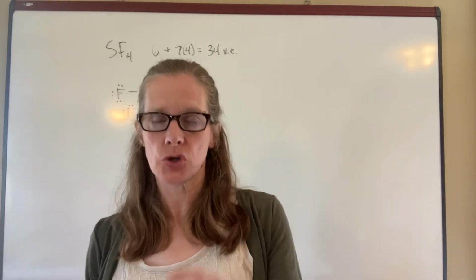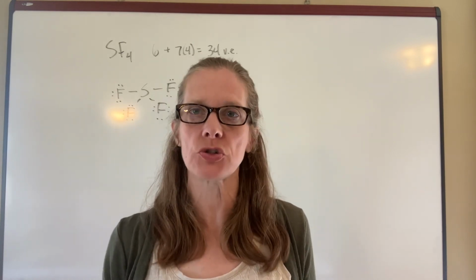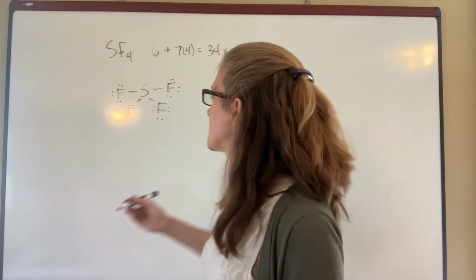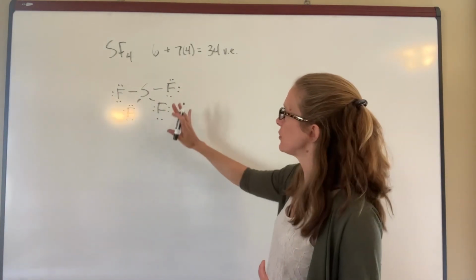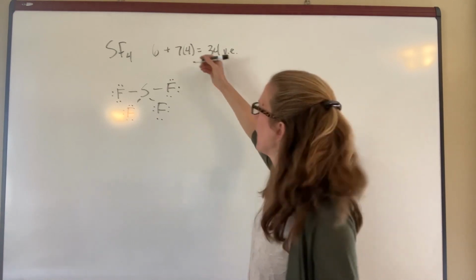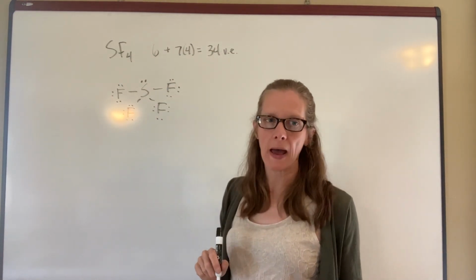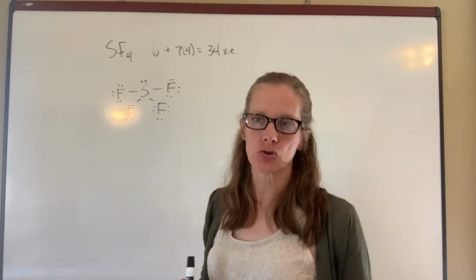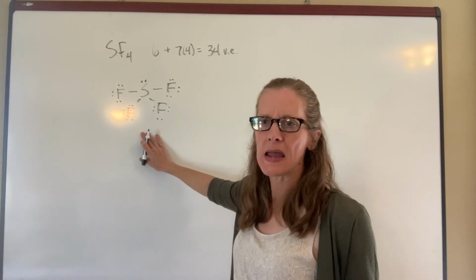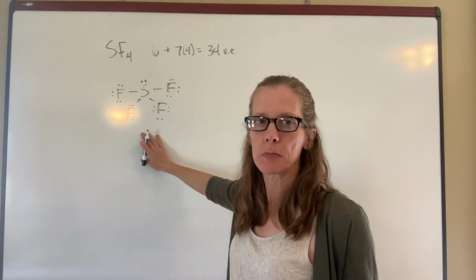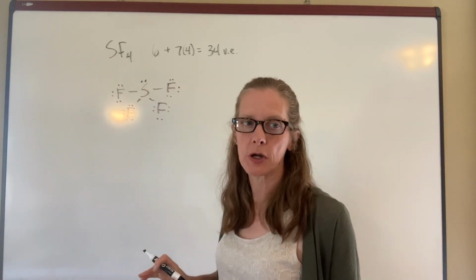That means that with this 3rd energy level, it has d orbitals available to use, and that's what actually happens in this case. So if I have an octet around these other things and I haven't used up all my electrons, then my extra lone pair is going to go on the central atom, and it's actually going to have 5 things around it. That is going to give this a trigonal bipyramid shape. It's actually going to have a seesaw shape because it does have 1 lone pair up here.